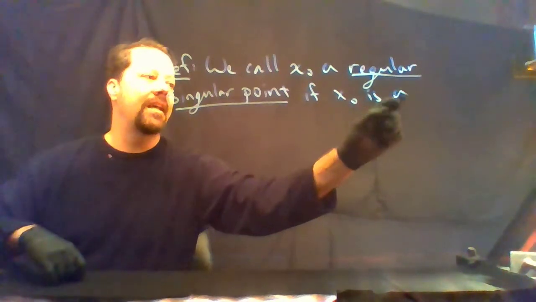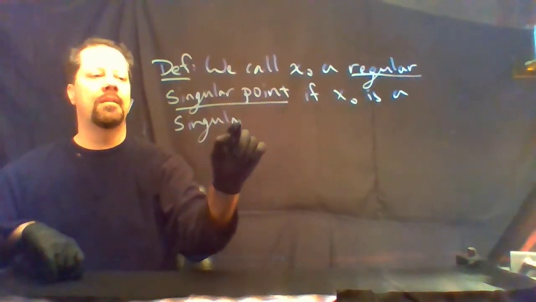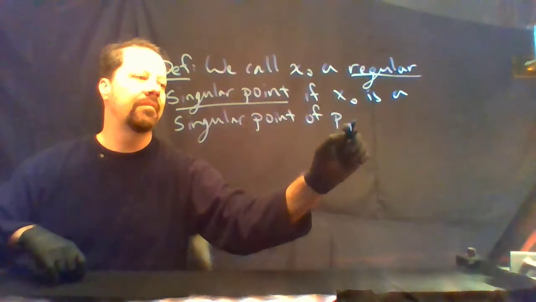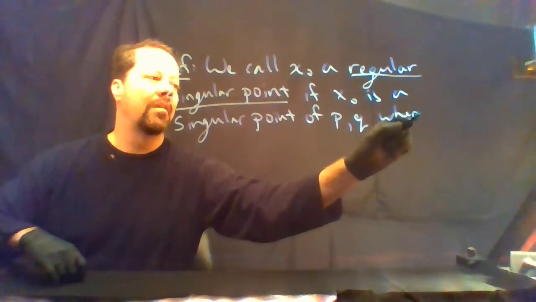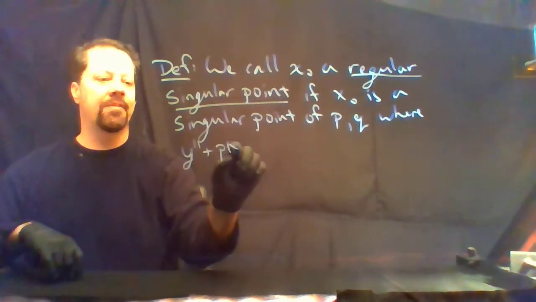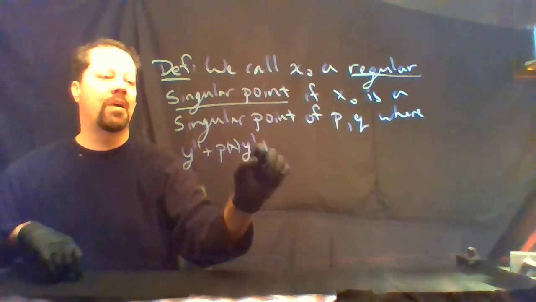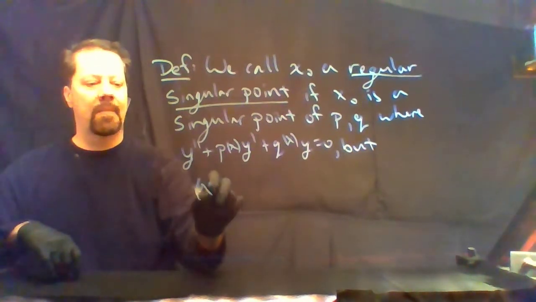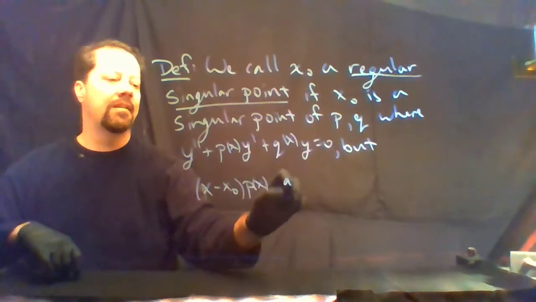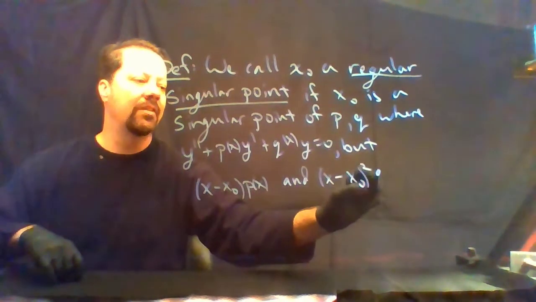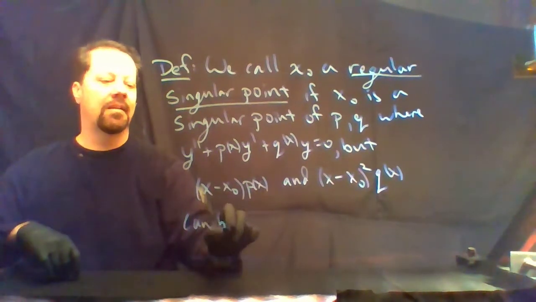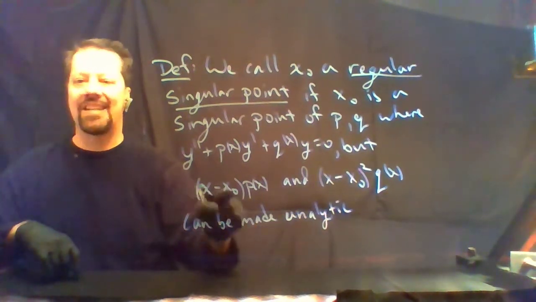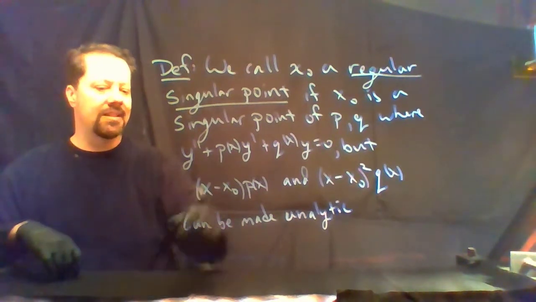If x0 is a singular point of P and Q, where we're looking at differential equations of the form y double prime plus P of x y prime plus Q of x y equals 0, but x minus x naught P of x and x minus x naught squared Q of x can be made analytic by patching the hole at x equals x naught that must exist.